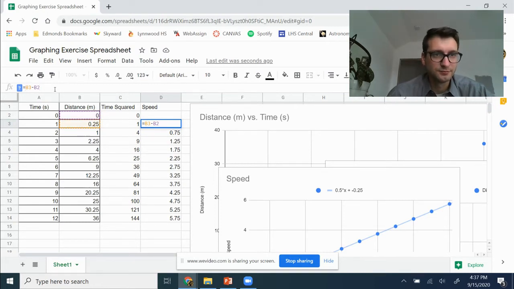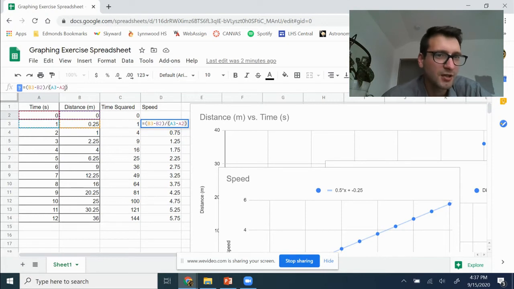And in theory, it should be divided by the difference in time, but the difference in time is always 1 second. So what I did was take the change in distance divided by the change in time.